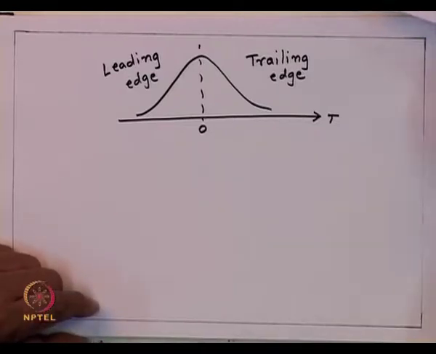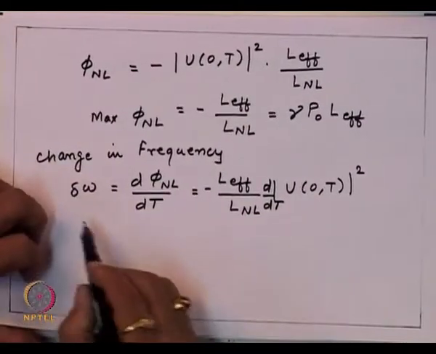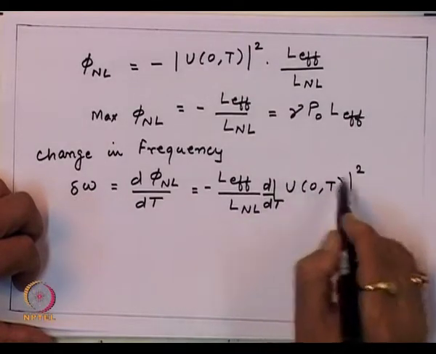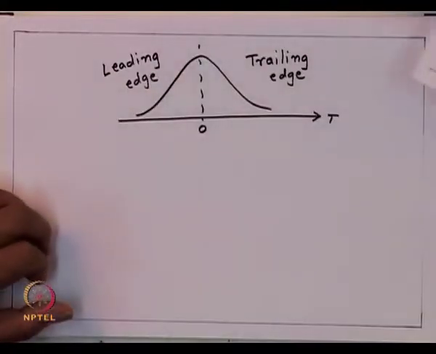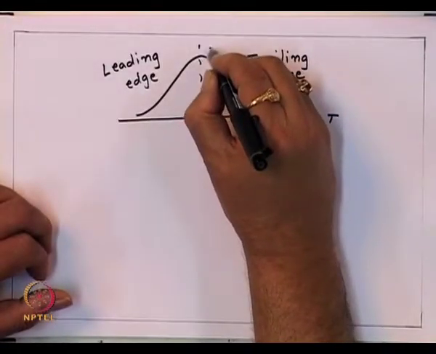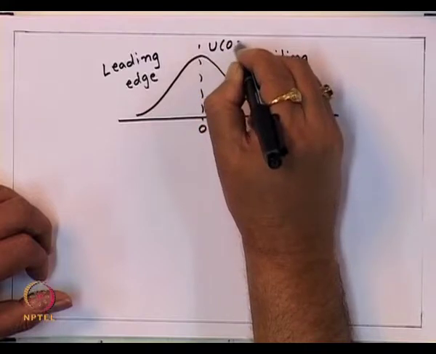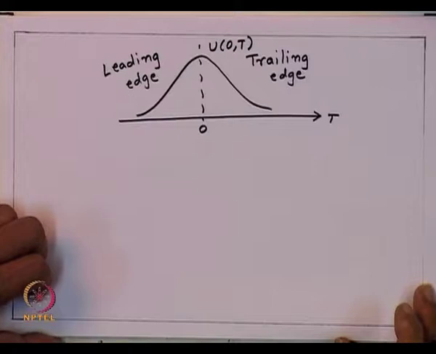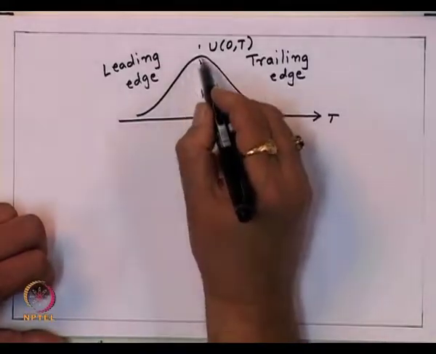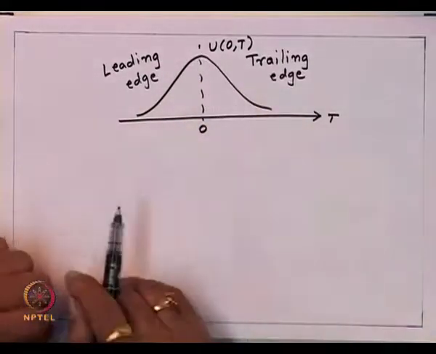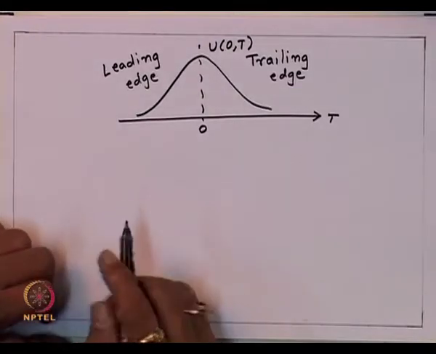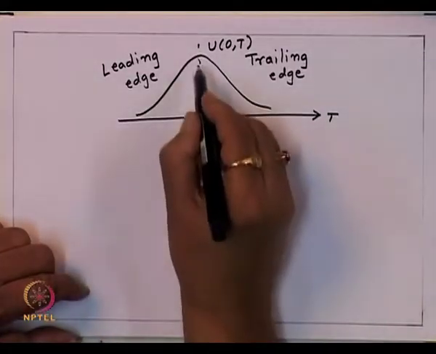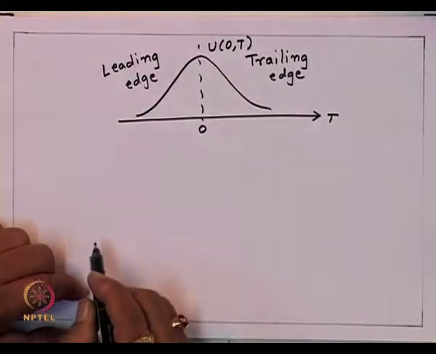The first thing you will note here is that the change in frequency is the derivative of the square of this envelope function, u 0 t. If I take the square of this pulse and take a derivative, then at the center the derivative is 0. That means there is no change in frequency at the center of the pulse.